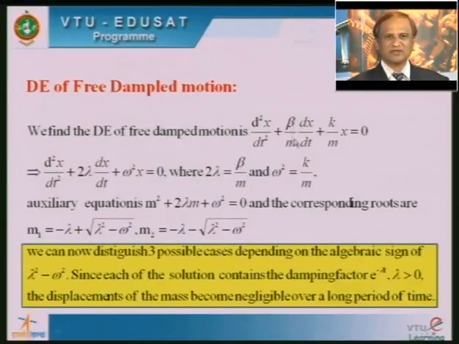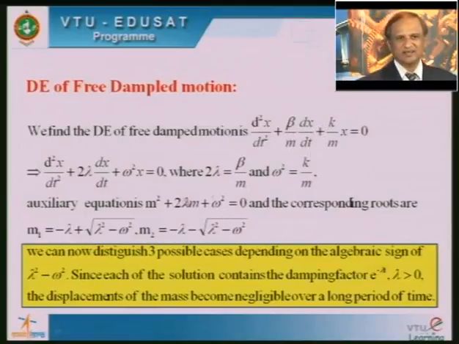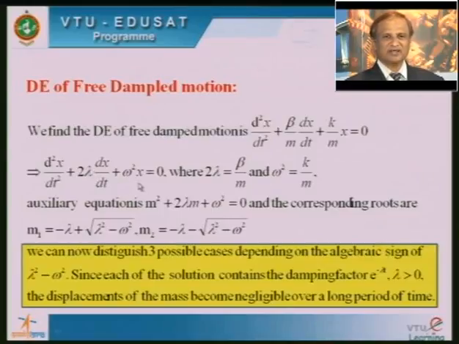I have called beta by m as 2 lambda. Omega square means k by m. Just now I mentioned we want to find the relationship between beta and k, or we can say the relationship between 2 lambda and omega square. So the given equation can be written in this form.